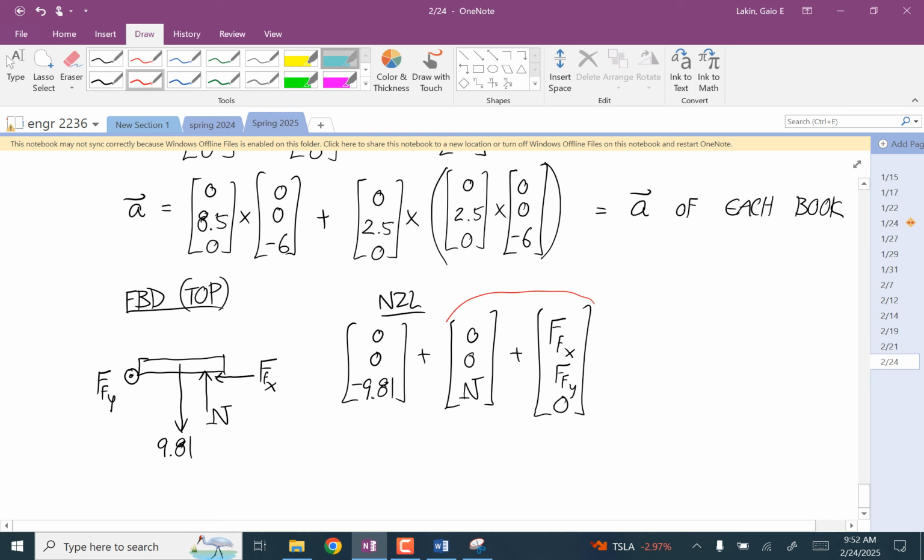And really both of these together are the force on the top by the middle. And these are equal to the mass times the acceleration that we just calculated. Any questions about that? Okay, that's all. Good class. Good job, everybody.